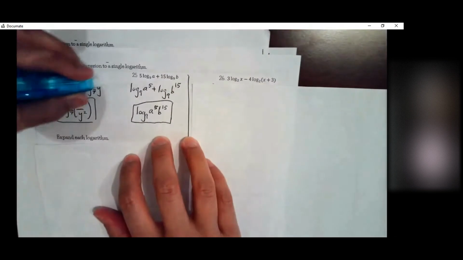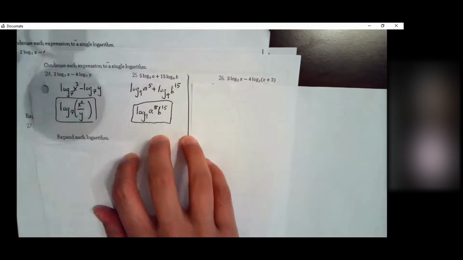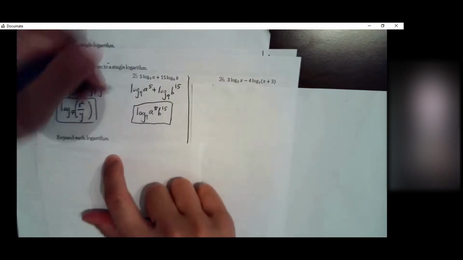For the first one, I had log 7 x squared over y to the fourth. Oh, yeah, you're right. It should be y to the fourth. Okay. And then I got that for 25.